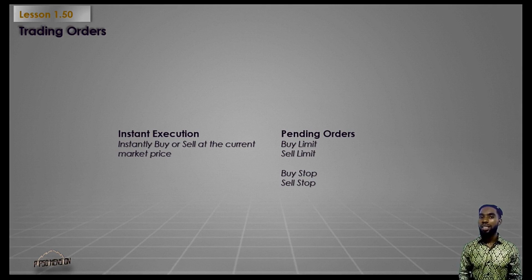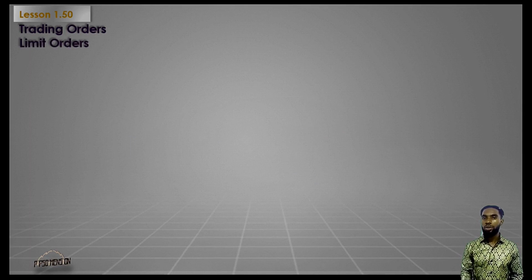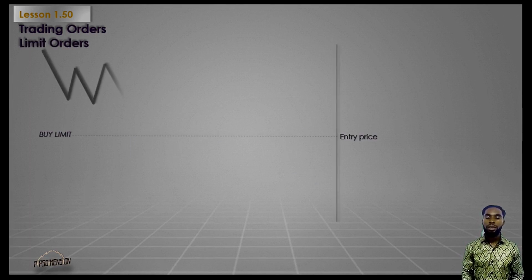Limit orders are either used to set your buy order below the current market price or to set your sell order above the current market price. Thus, you use the buy limit order option when you want to set your entry point at a level that is below the current market price.